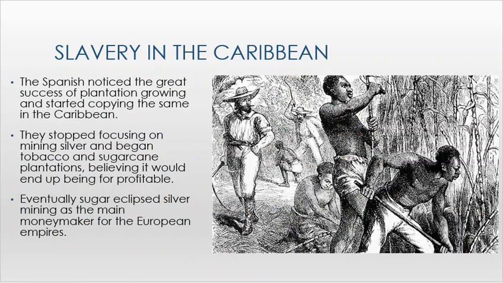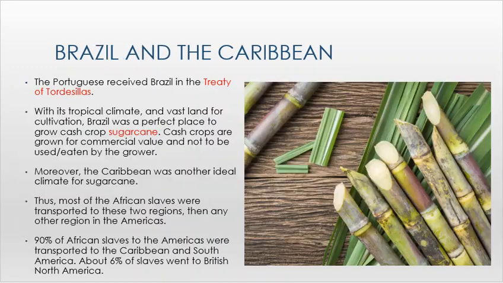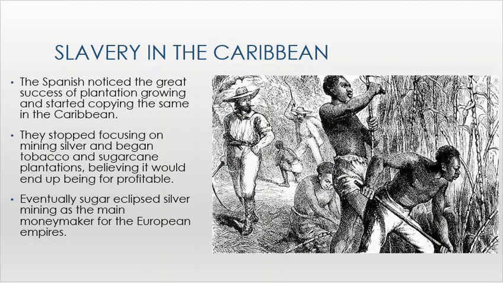So we also have slavery in the Caribbean. The Spanish noticed great success with the Portuguese in Brazil, and the Spanish are going to start tweaking their approach.